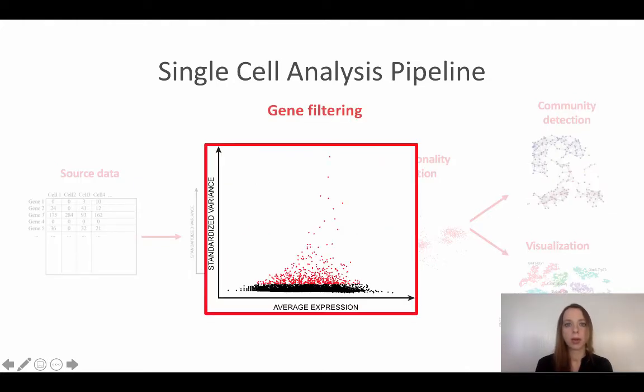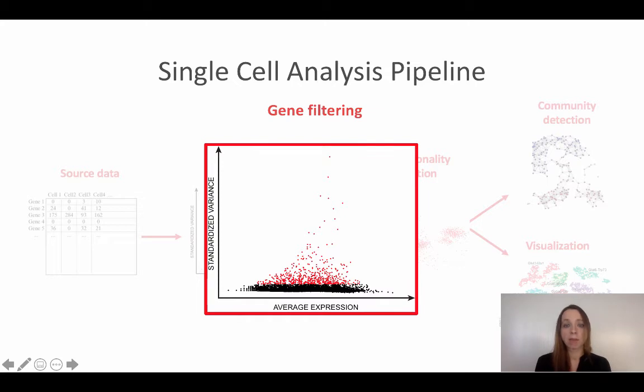As the first step, we compare dispersion of genes and filter out the least variable genes from the dataset. Usually, this leaves us with from a few hundred to up to 2,000 genes. At this point, let's assume our cells reside in a 1,000 dimensional space.